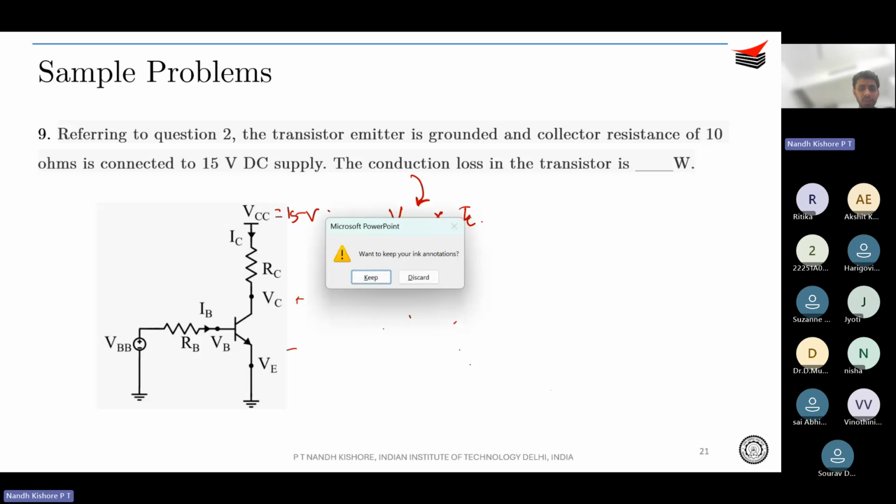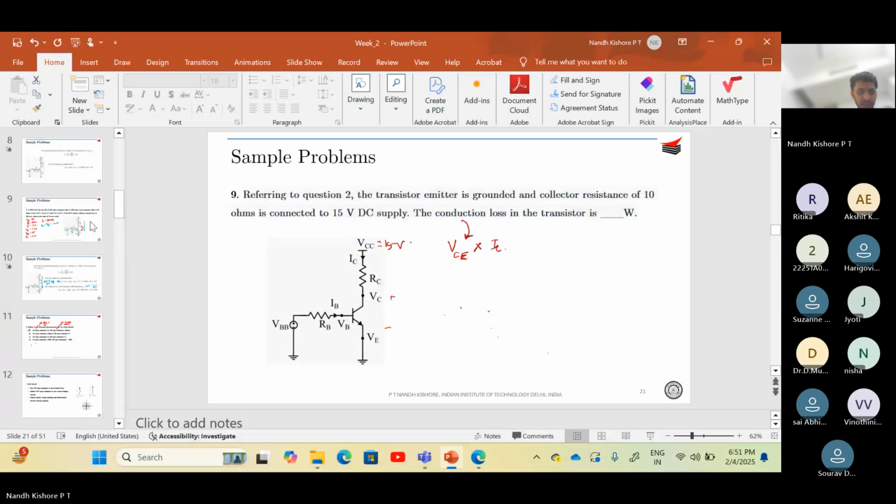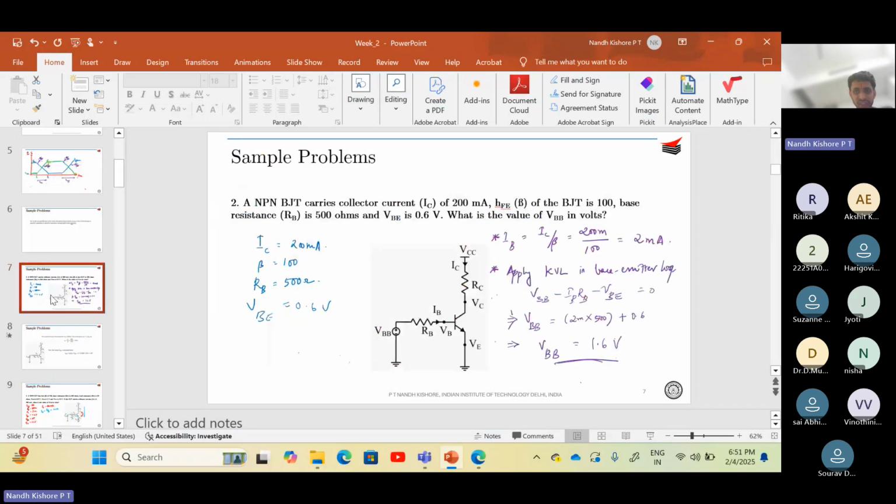So we will go back to question number 2 to find out the parameters. Question number 2 was here. Yeah. We found out that IC is 200 milliamps, okay.